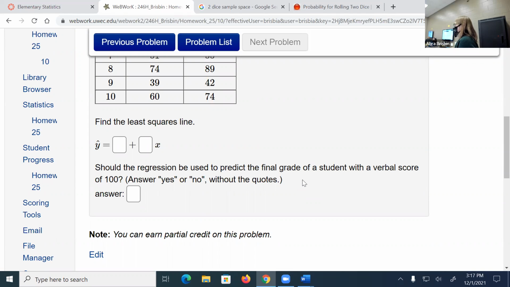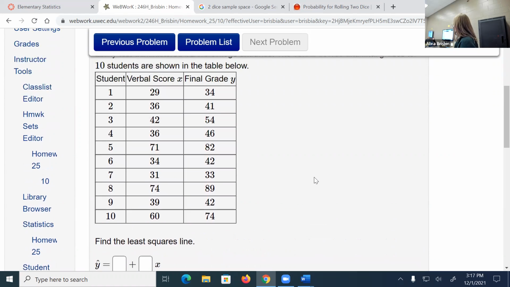And this is admittedly a little bit silly because we're taking this thing that really should be like a short answer question, like explain your answer, and condensing it down into just say yes or no. But the thing to look at here is how 100 relates to the verbal scores in the data.